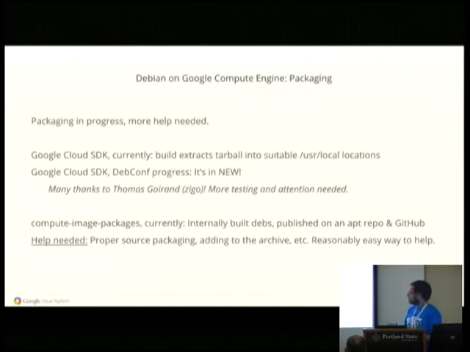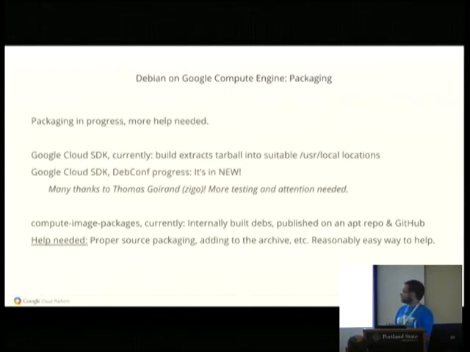And for the other integration stuff I mentioned, we currently build debs using an unfortunately internal method, but it's just basically putting files into place. There's really no black magic happening. And we put them on an apt repository that's used in the build, and they're also published as a release on GitHub. We would love to switch to proper source packaging. I am swamped. My teammates are new to this type of specific task, also swamped though.